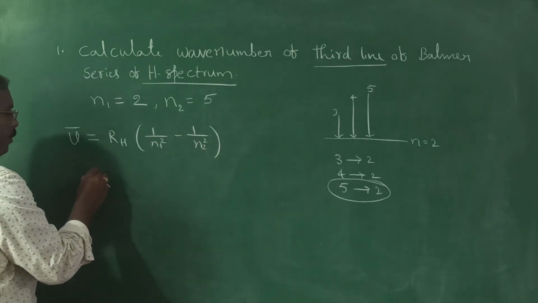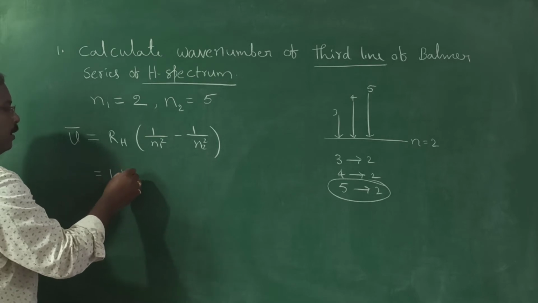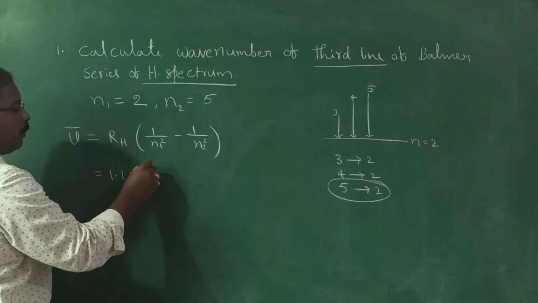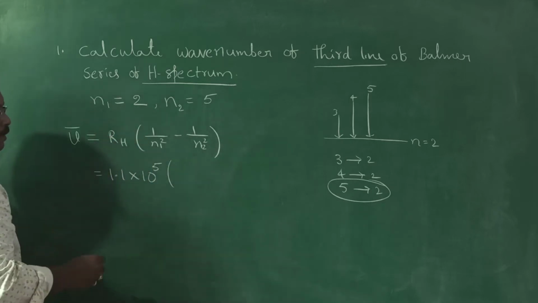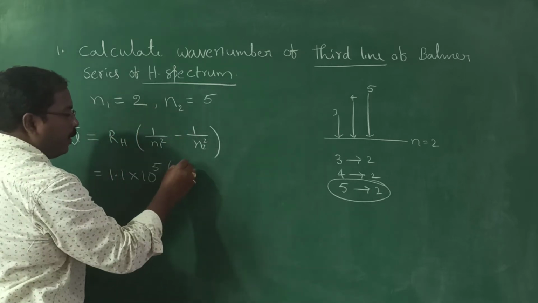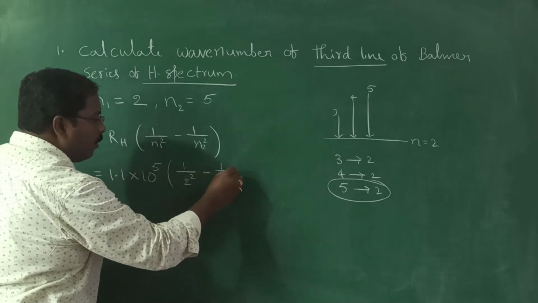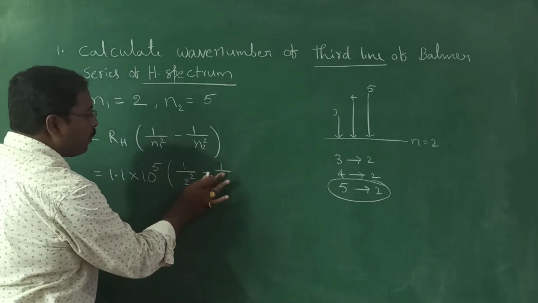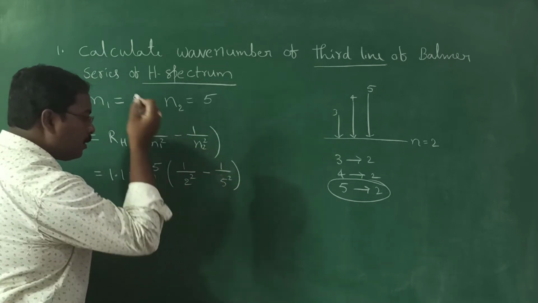Now, I am going to substitute the values. We write it as 1.1 into 10 to the power 5 in terms of centimeters, into 1 by N1 square, 1 by 2 square, minus 1 by N2 square. N2 value how much did we get? 5. So 5 square. Got it?